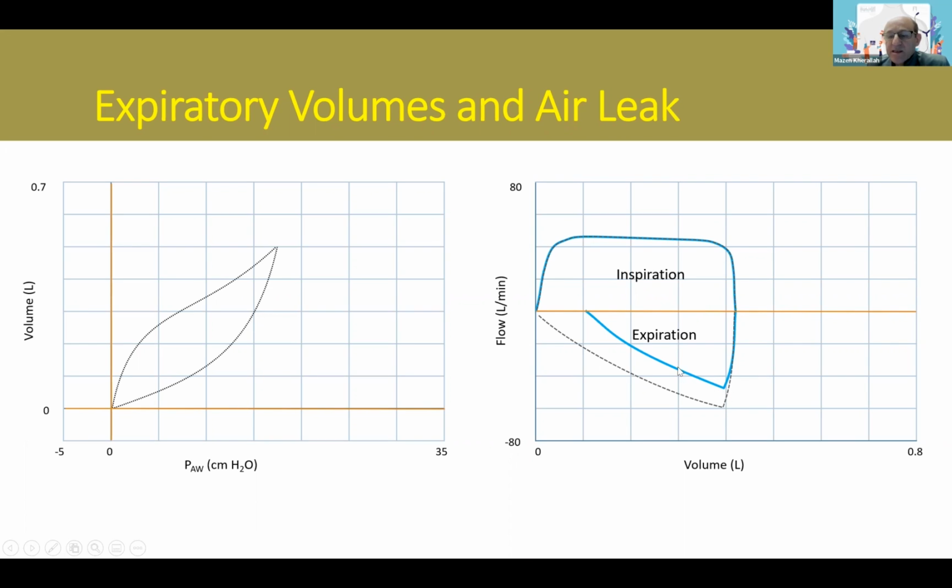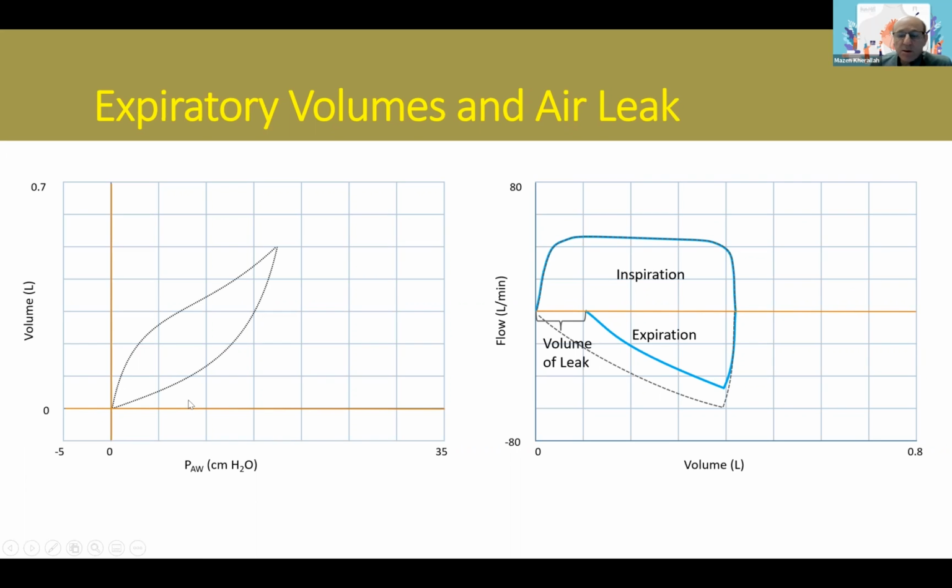And then we are exhaling. However, since we lost air here, the line would not go to the zero line. And the difference between the intersect with the flow and the volume here would be the volume of leak. So you can measure it on the flow volume loop.